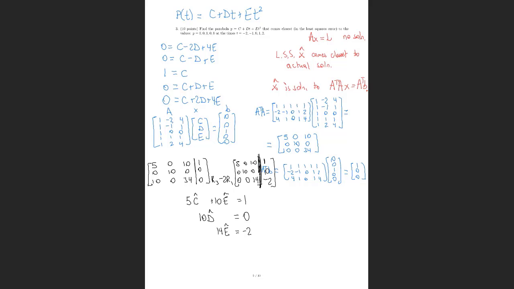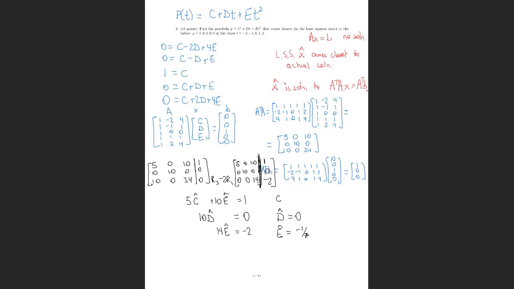I guess it's not super important, but I'm just using C, D, and E hat just because I was using X hat for the least squares solution earlier. So if X is C, D, E, I was just thinking that X hat would be C hat, D hat, and E hat. Okay. But from here, that means D hat would be 0. E hat would be negative 2 over 14, so negative 1 over 7.